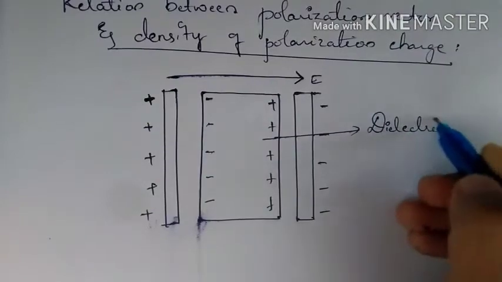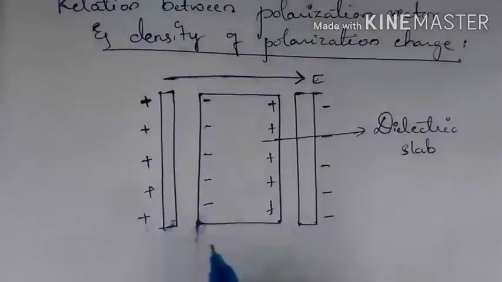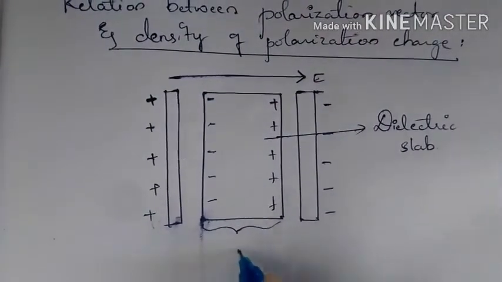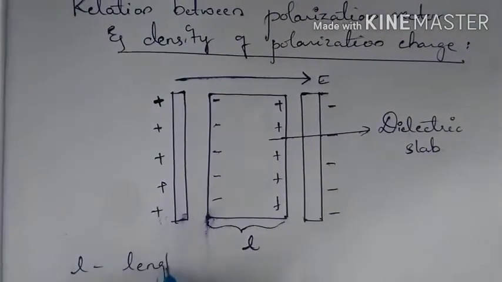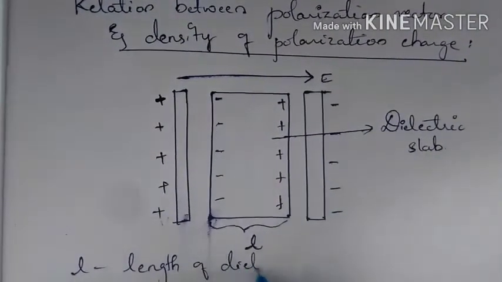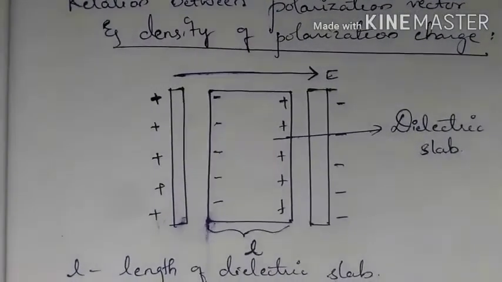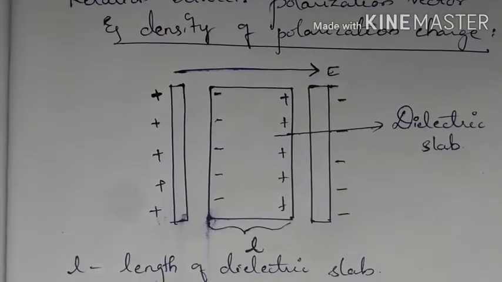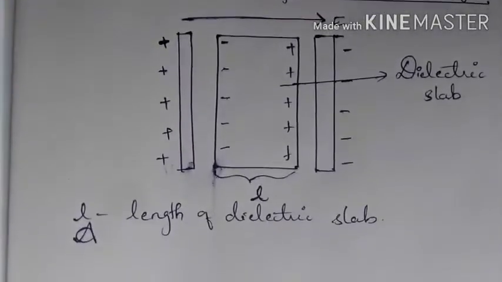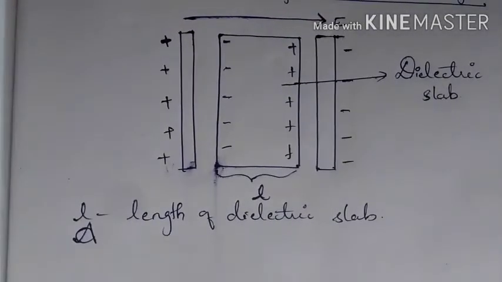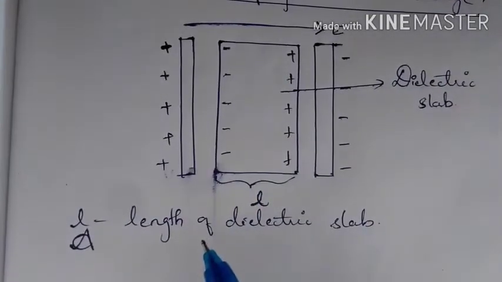Now the length of this dielectric slab is L. And the area of the cross section of the dielectric slab is A. And this dielectric slab is kept in a uniform electric field.